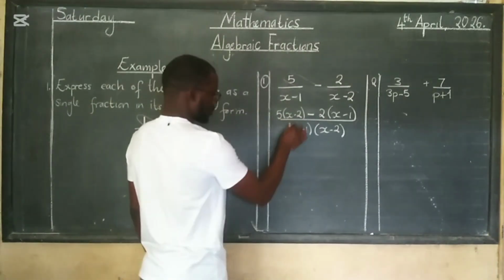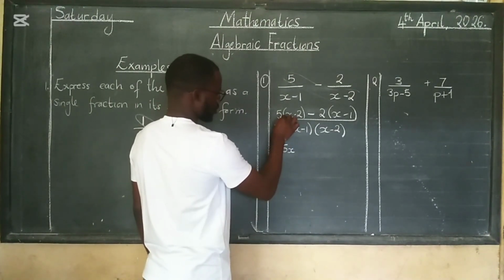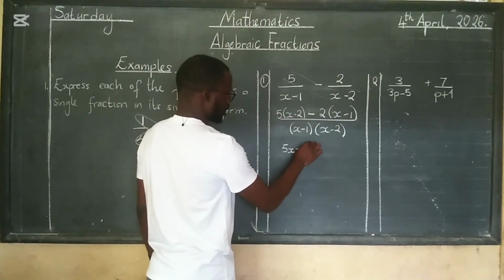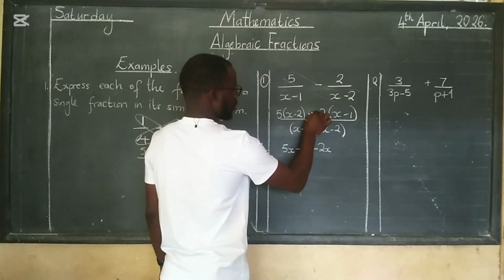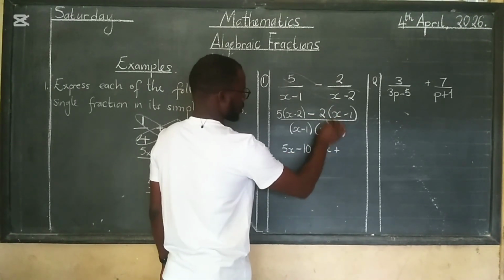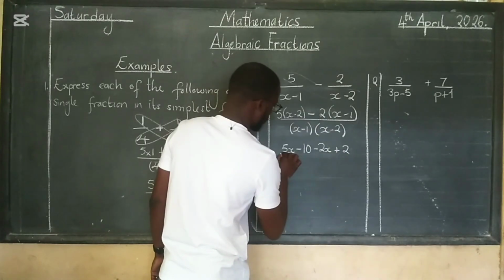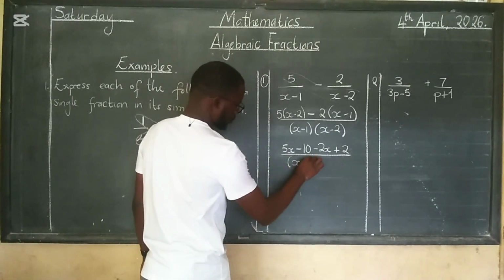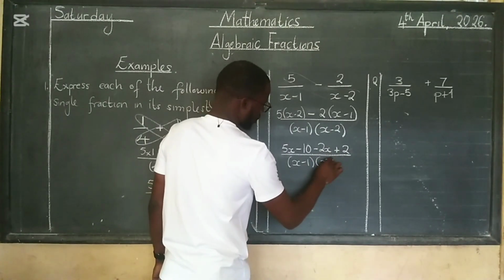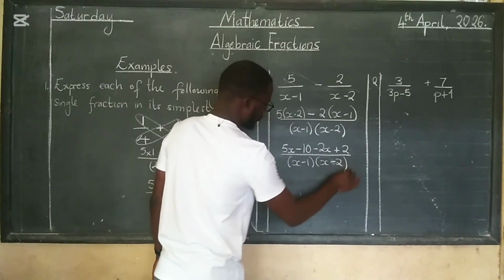So now 5 times this is going to be 5x, 5 times this, minus 10. And minus 2 times this will be minus 2x. Minus times minus will be positive. 2 times this, 2. Everything over, bring that as it is, x minus 1, x minus 2.